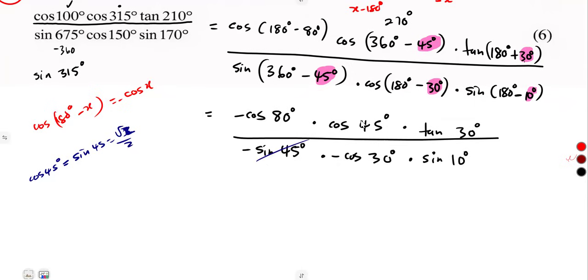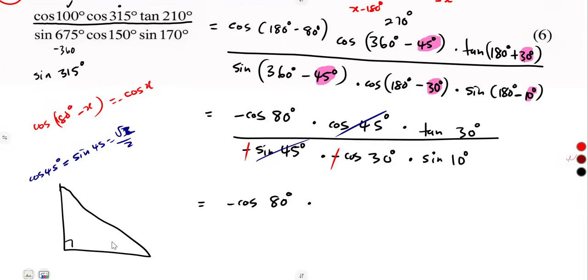You can cancel sine 45 and cos 45. They are the same. All right. Also, the sign here, negative, negative, I'm going to cancel. So I was going to remain with negative cos 80 times tan 30. So tan 30, you can use your special angles. You can even just use your calculator. No one is going to know that you have used your calculator, guys.